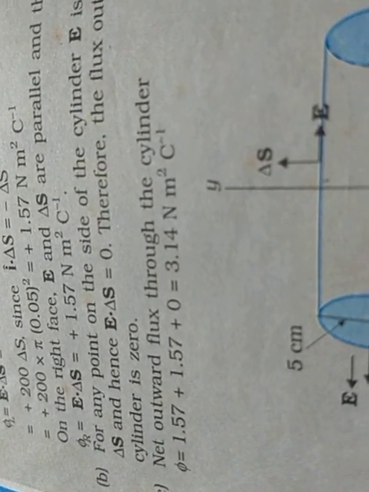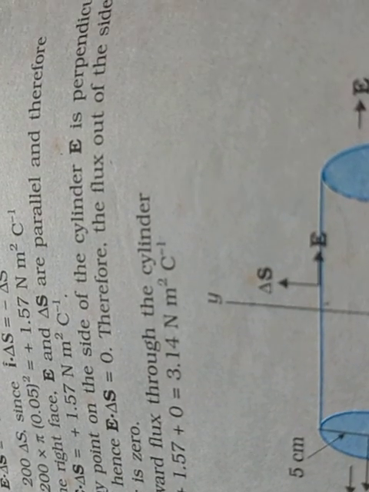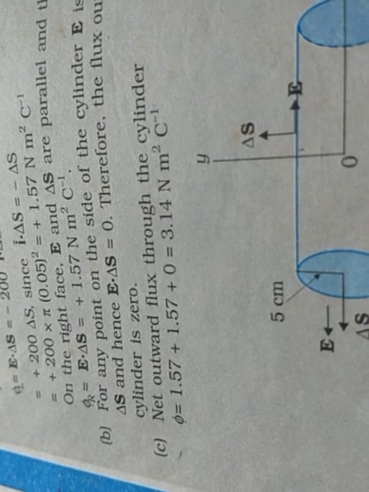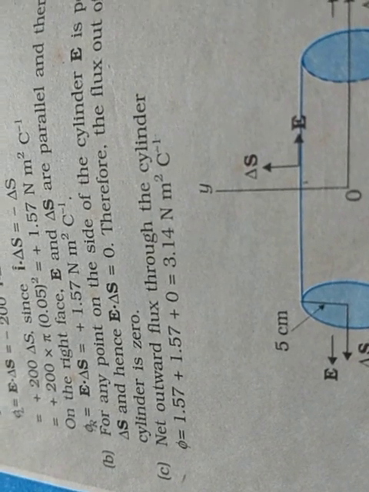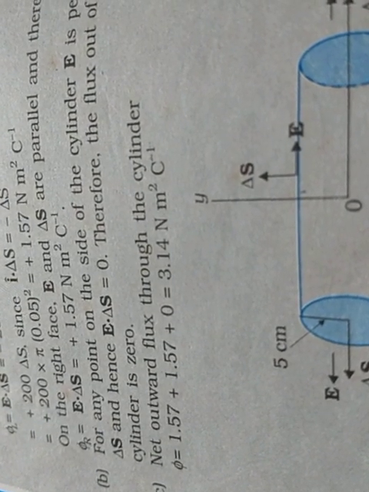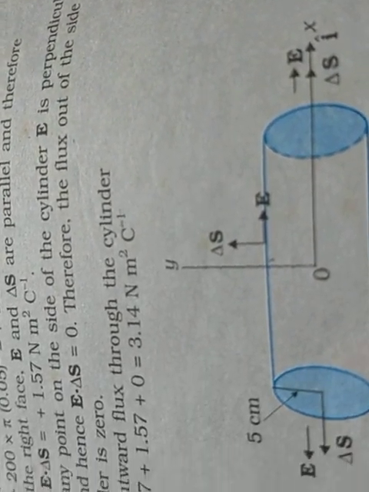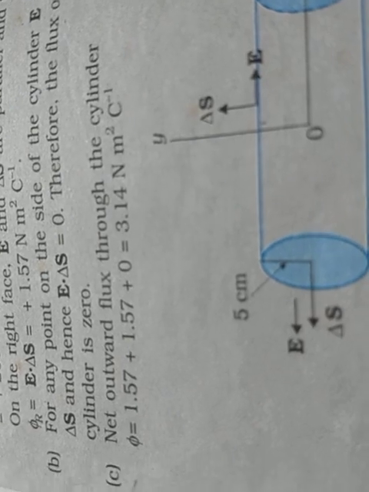Now for any point on the side of the cylinder, the electric field E is perpendicular to the surface, therefore for the curved surface E dot dS is 0, and the flux out of the side of the cylinder is always 0.